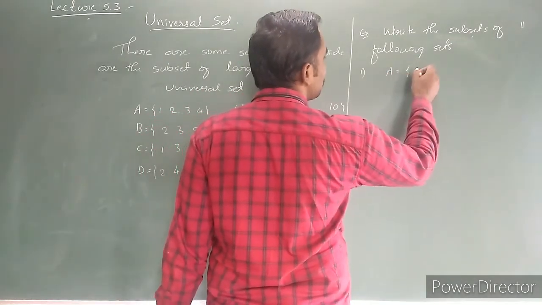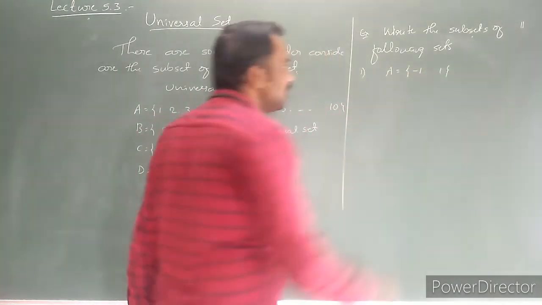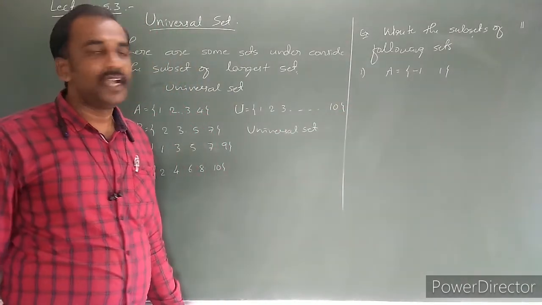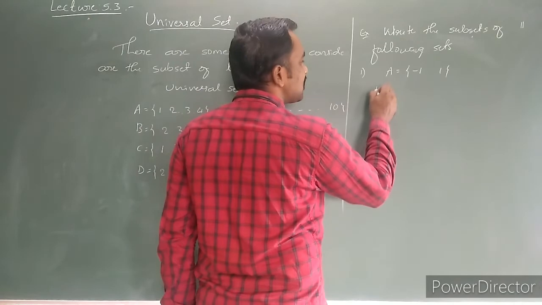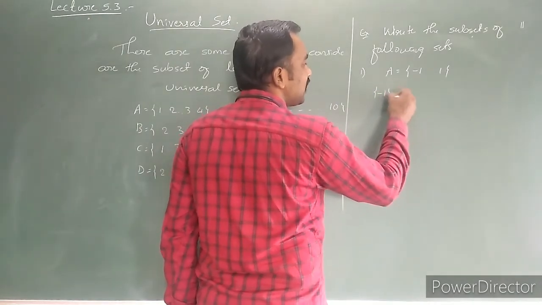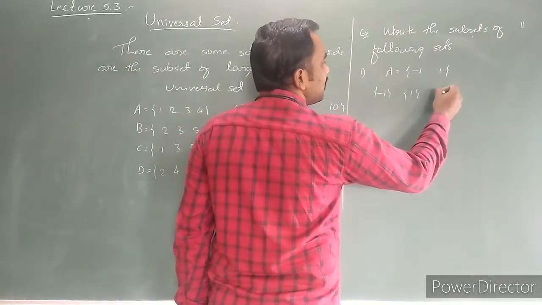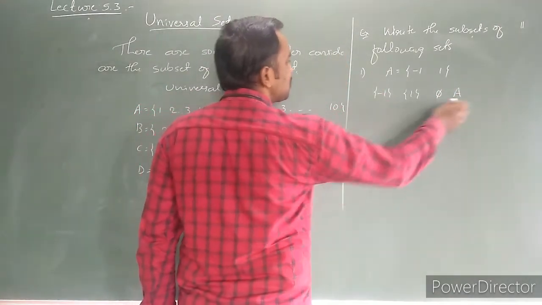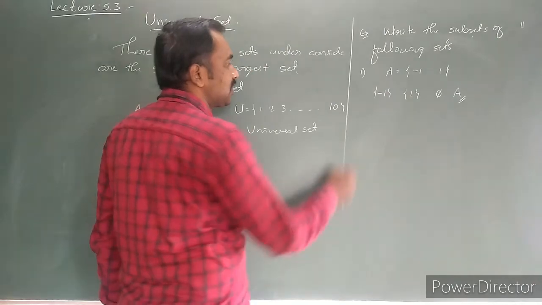Suppose the set A is equal to {-1, +1}. Write all the subsets of this set. What are the subsets? {-1}, {+1}, the null set, and the set itself. These are all the subsets of set A.